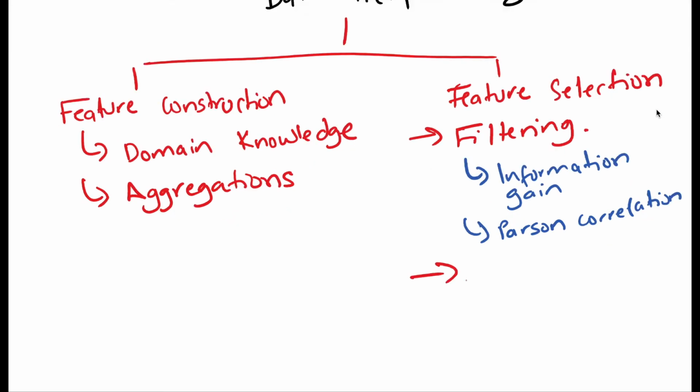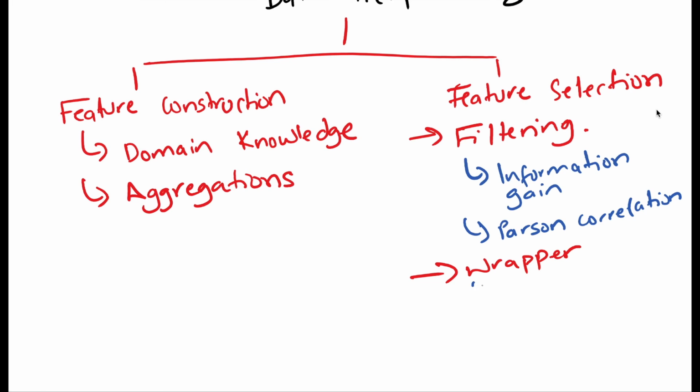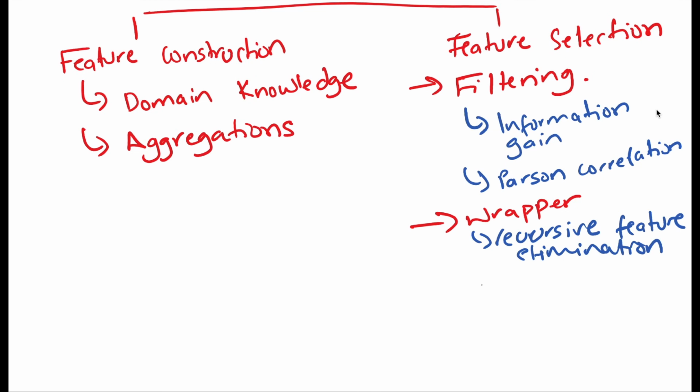The second method was your wrapper method. In the wrapper method, you can use your recursive feature elimination, or you can use genetic algorithms.